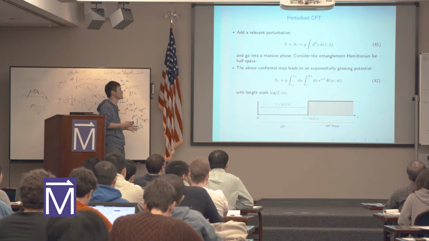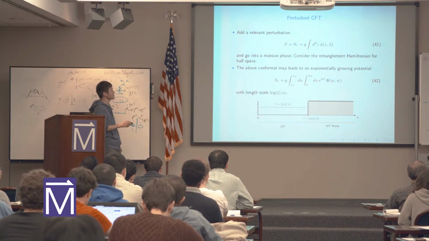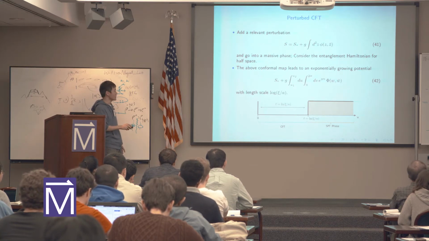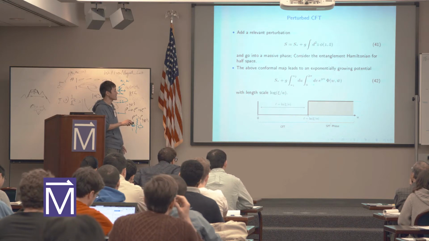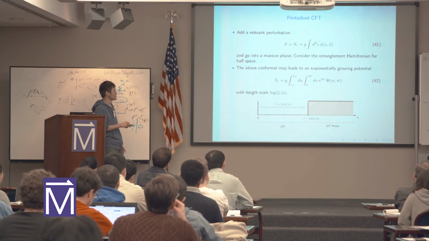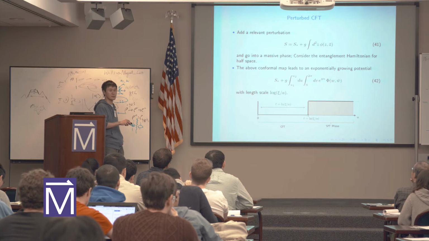Depending on how you perturb your system, you can go into two different phases. The choice of the coupling you make here results in the different type of this region, which is a very, very massive region. So that sets some boundary condition to this region, which is approximately described by conformal field theory.